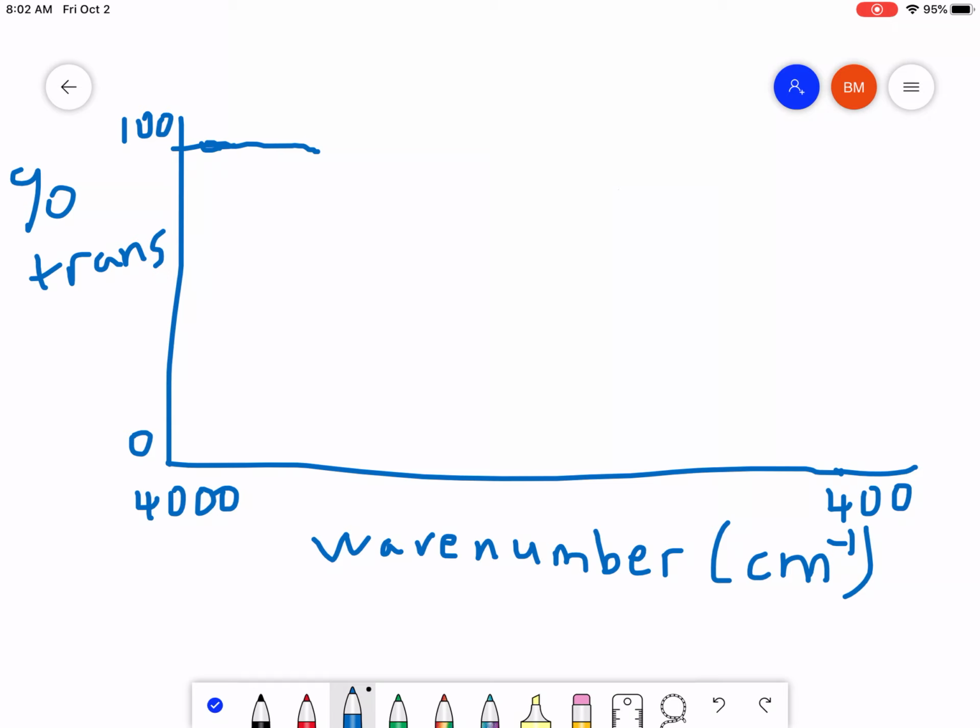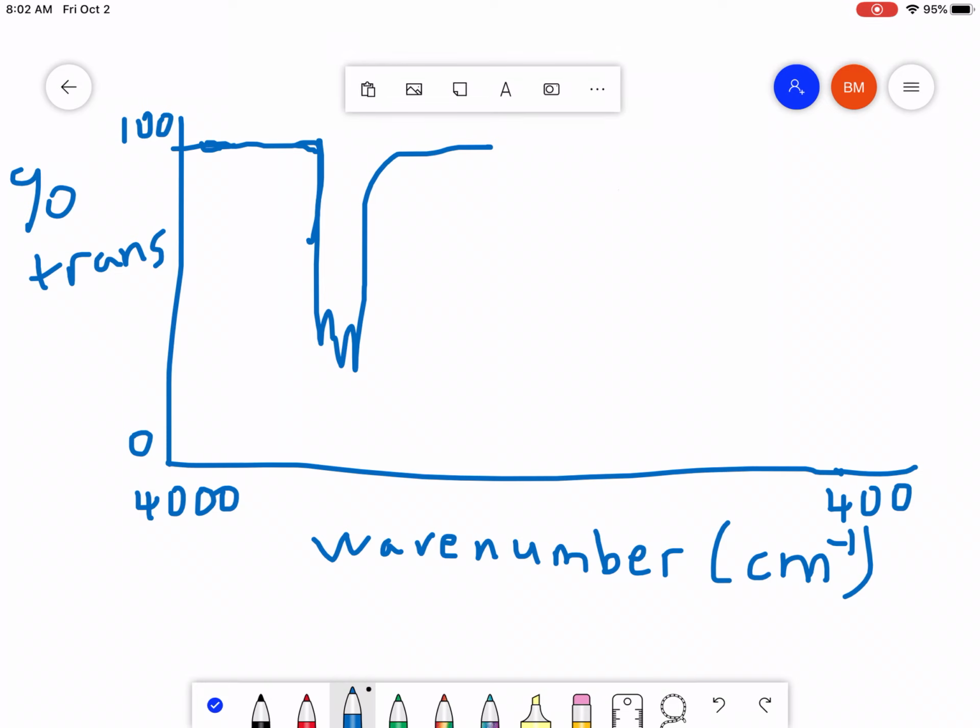And then all of a sudden, you'll get an absorption. What happens to your percent transmittance when your absorption goes up? Percent transmittance goes down. So you might see it start to do something like this. You go along, you get out of that range, you have high transmittance, you hit a different frequency that can be absorbed, and so forth.